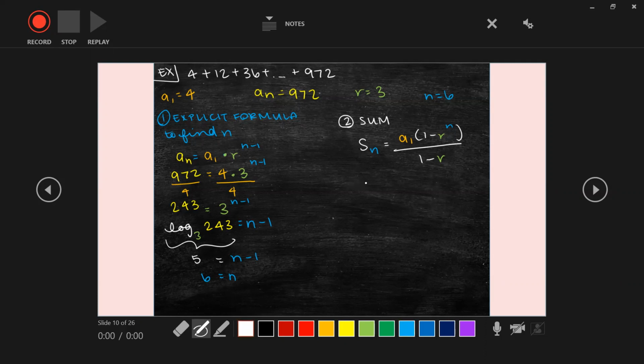So I'm trying to find S sub 6, which is equal to 4 times 1 minus 3 to the 6th power, over 1 minus 3.